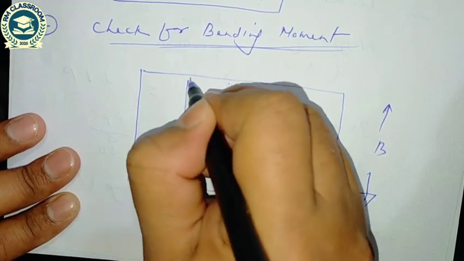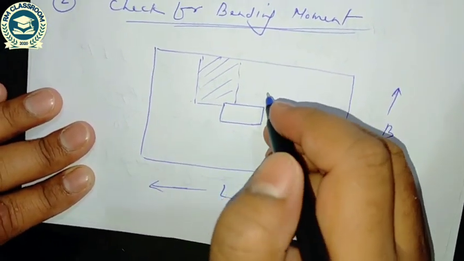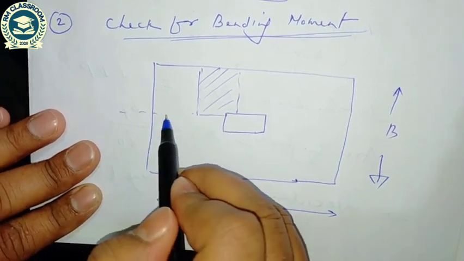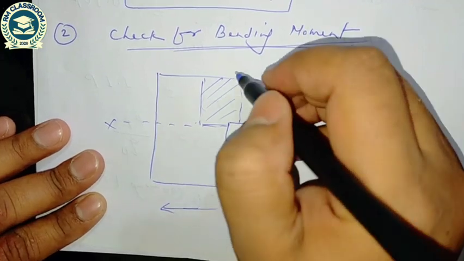So bending moment can be computed in two directions: one is XX direction and the other is YY direction.